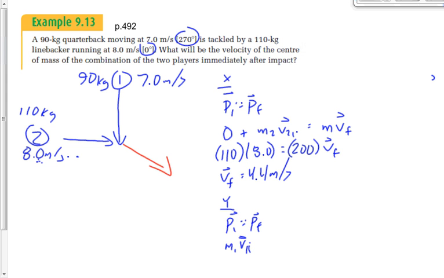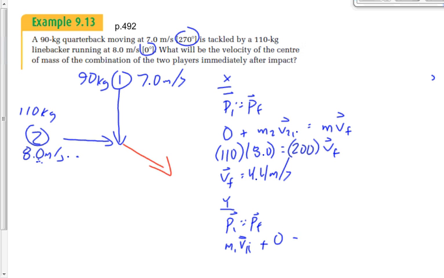No. You think you found the final? 8? No. Janessa? 0. 0, right? How much of that 8 meters per second is on the y-axis? Remember, guys, when we're looking at the y-axis, we're pretending the x-axis doesn't even exist. Erase it. It's gone. There is no momentum of object number 2 before the collision on the y-axis, just on the x-axis.